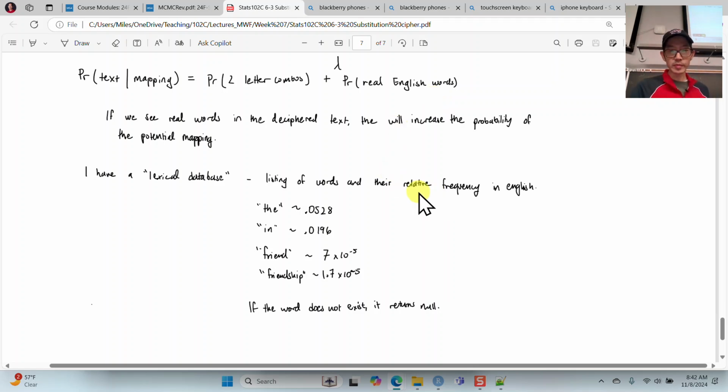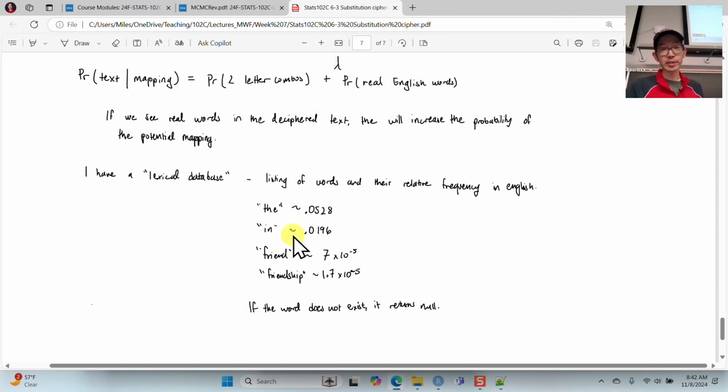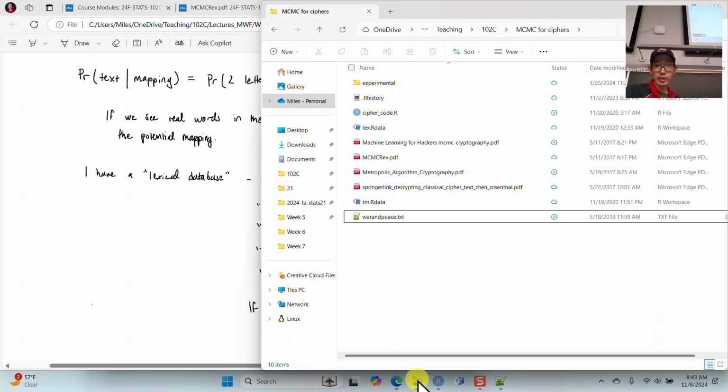If the text you're deciphering has some three-letter combination, and it deciphers into the word "the," we'd say, hey, that makes sense, because "the" is the most common word that we see. And so I have this thing called the lexical database.